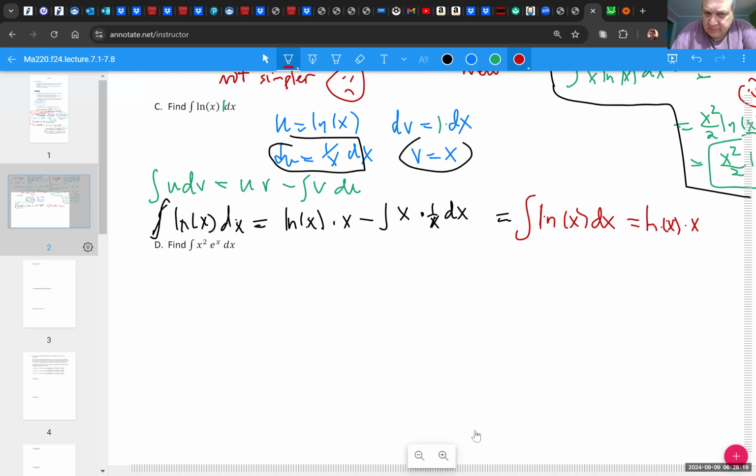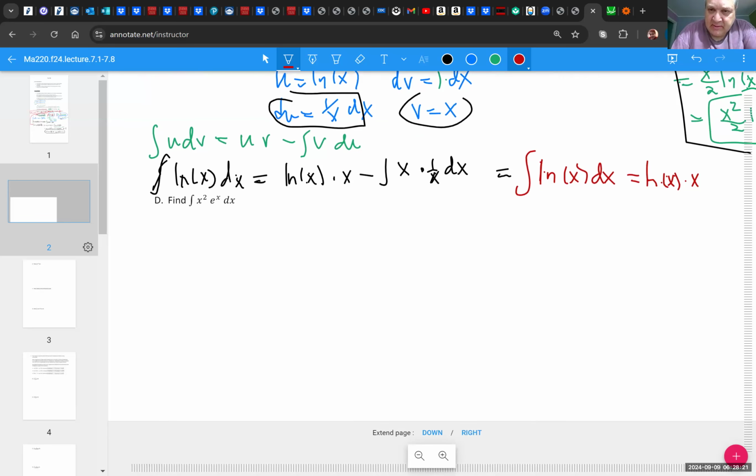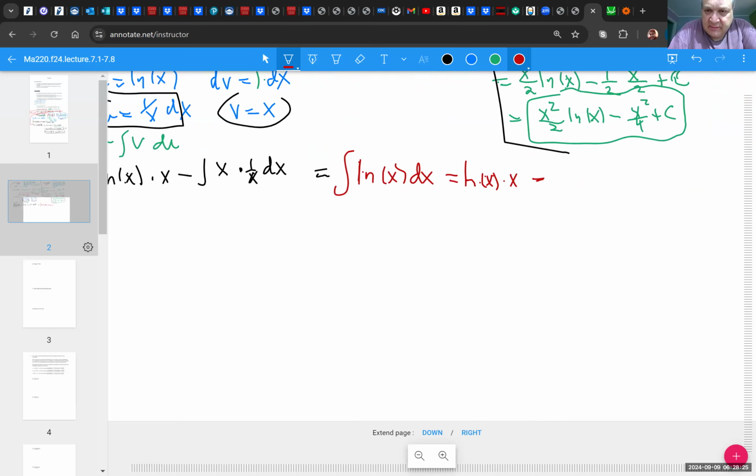So I get minus, well, x times 1 over x is just 1. So we get 1 dx. All right, so is the new integral simpler than the old integral? Well, the new integral is just 1, and the original integral was ln x dx. So yeah, 1 is way easier than the other one.